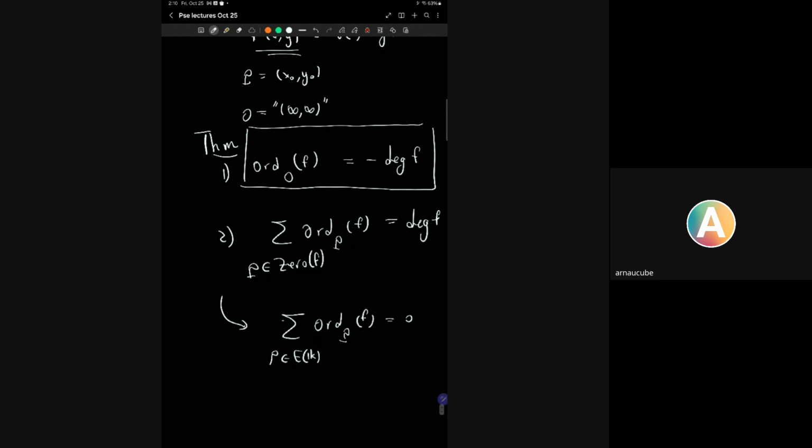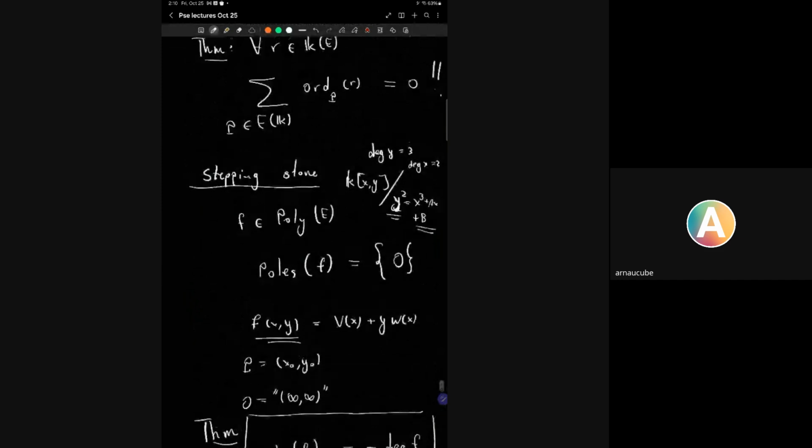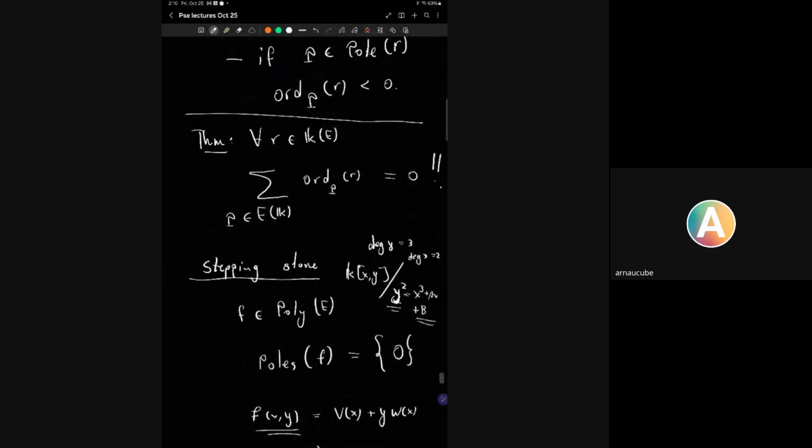So just a small correction. Everything that I said here about this big theorem and the stepping stone is assuming that K is algebraically closed. Otherwise, this symmetry doesn't quite hold.